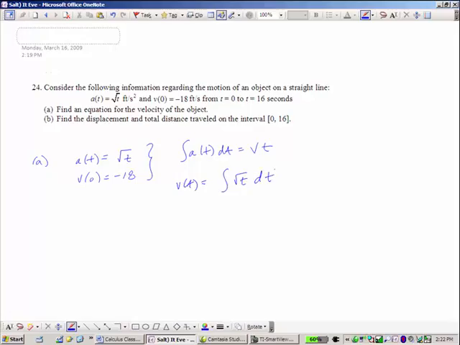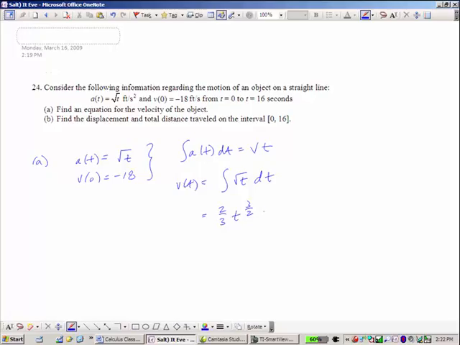You can do that. Talk me through it, Gabby. The antiderivative of root t. 2/3 t to the 3 halves. But don't stop there.